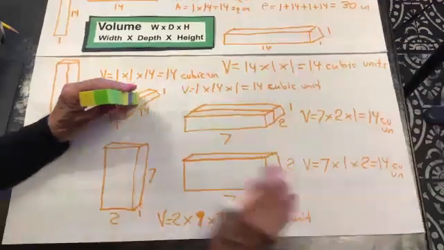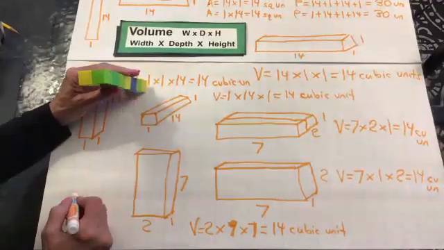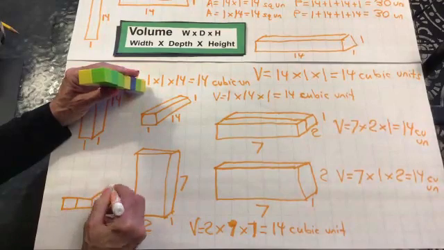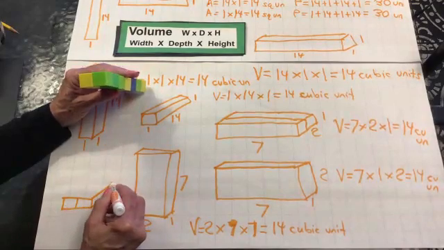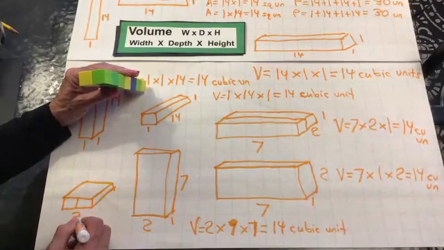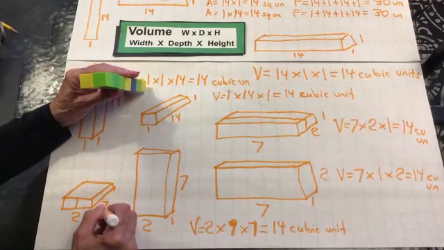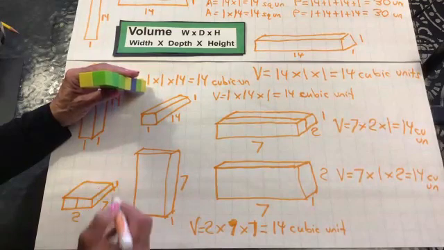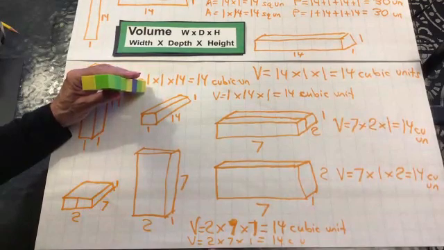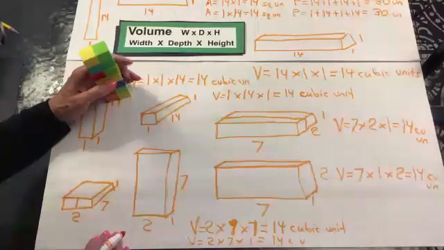So we're going to say it's a 2 by 7 by 1, which is what I tried to write here. 2 times 7 times 1 equals 14 cubic units. Same thing. Another way to look at it is this angle.